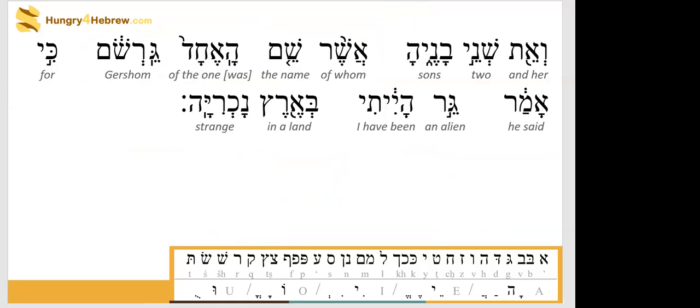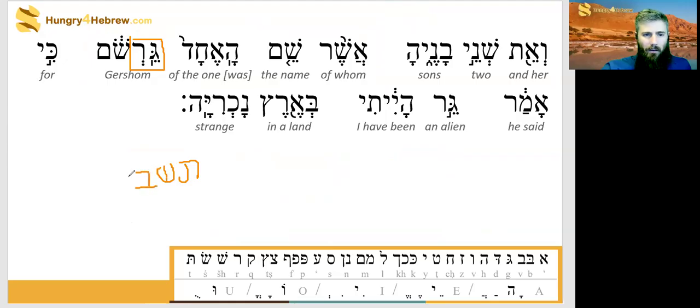Thank you. I was wondering, what is the difference between Ger and when it talks about Elijah Hatishbi? At least I've seen in some dictionary it says the sojourner. Do you know what the difference between those words is?